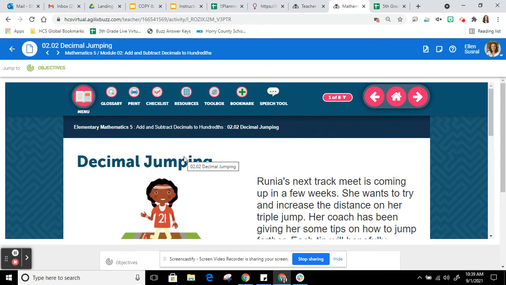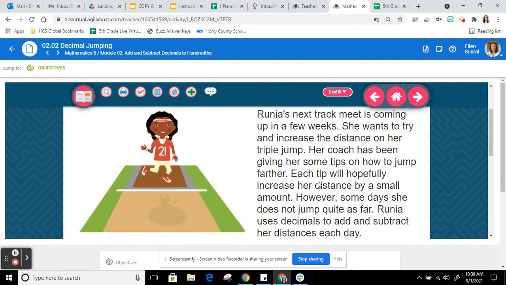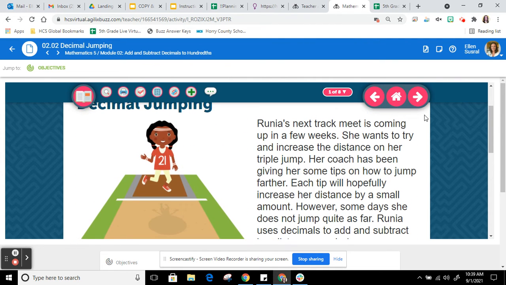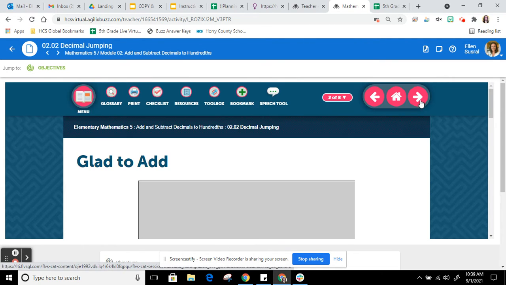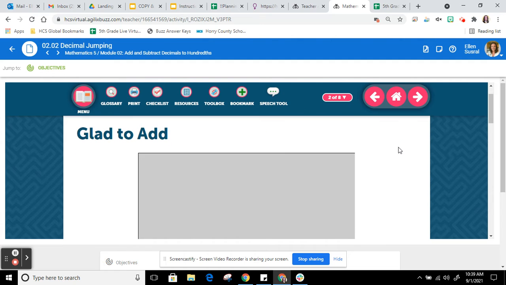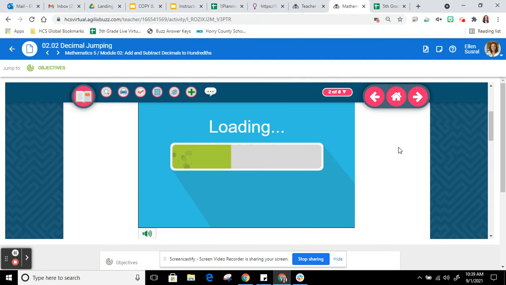It gives you examples of how to use the models that are provided on your worksheet to add and subtract decimals. You'll see what I mean by that when we open up the worksheet assignment, but it is very important to go through every page of this lesson and to read and look at the examples it provides.